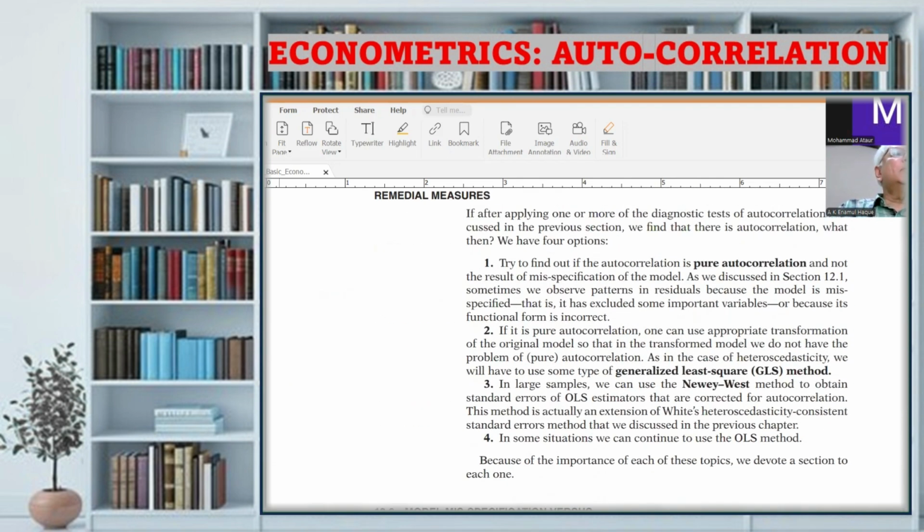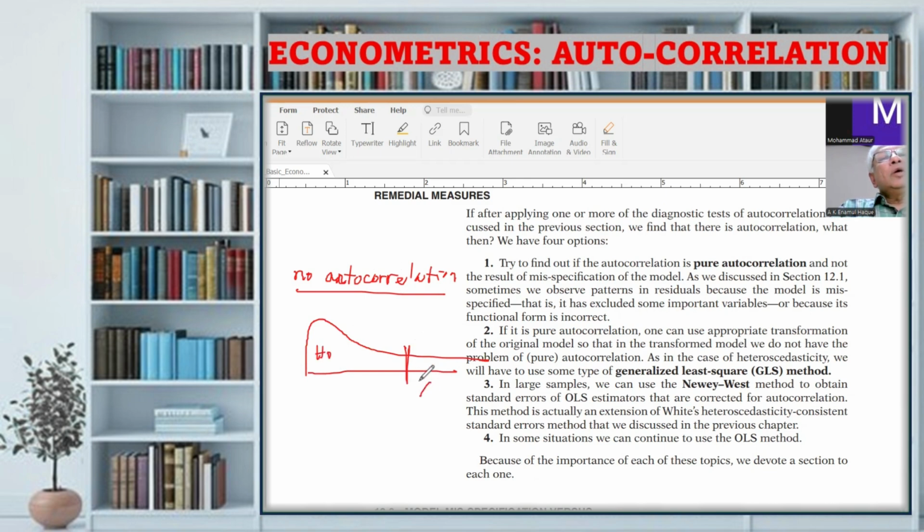What is your null hypothesis? Your null hypothesis is no autocorrelation. If you reject the null hypothesis, remember this is the chi-square test.